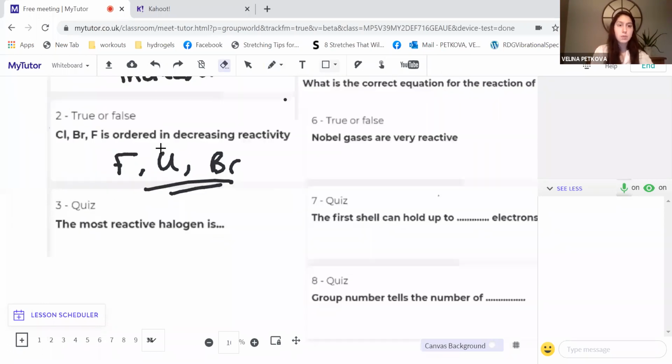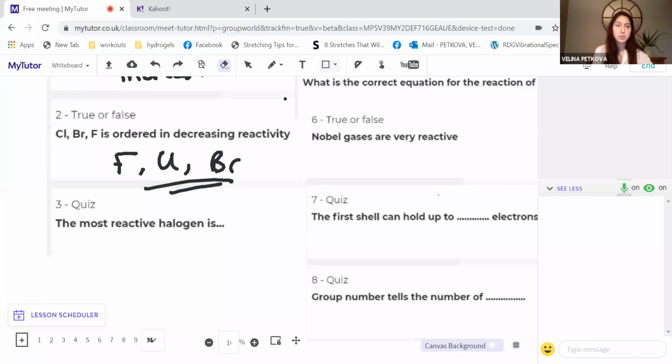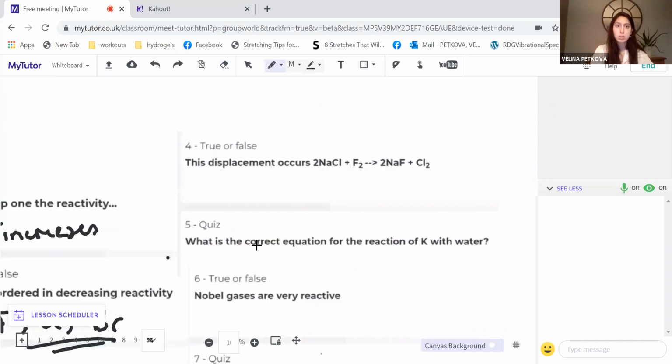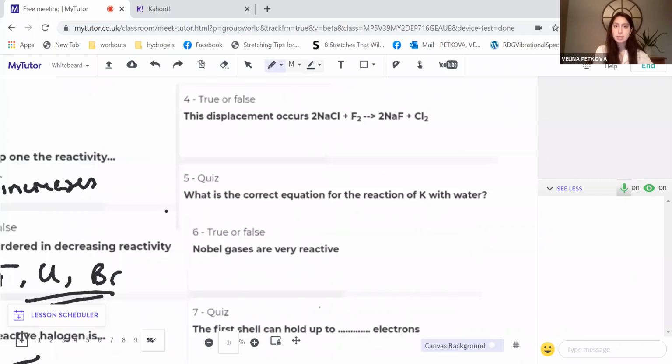So the most reactive halogen is, as we've seen, fluorine, because it is at the top of group 7 of the periodic table, and that makes it the most reactive. So does this displacement occur? Yes, it does. Fluorine is the most reactive halogen, so it's more reactive than chlorine, so it will displace chlorine for sure. Okay.